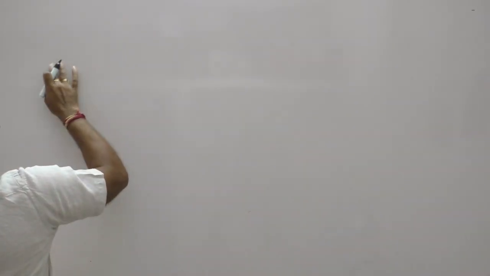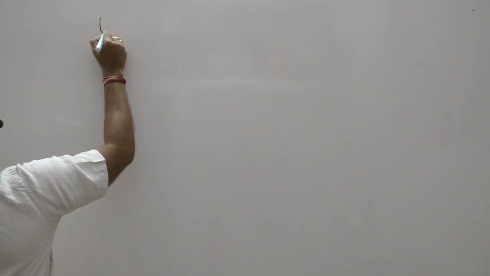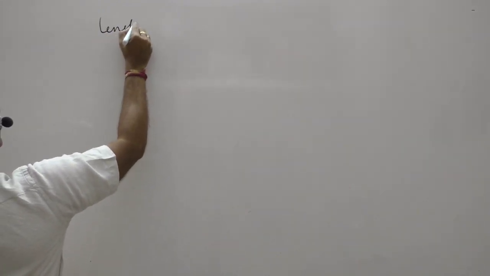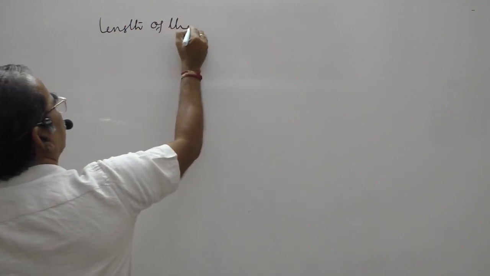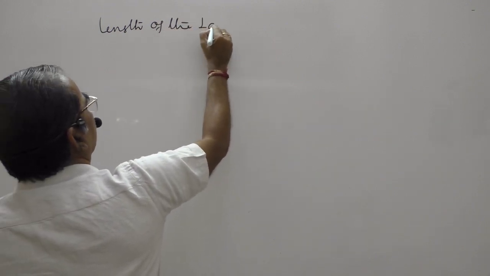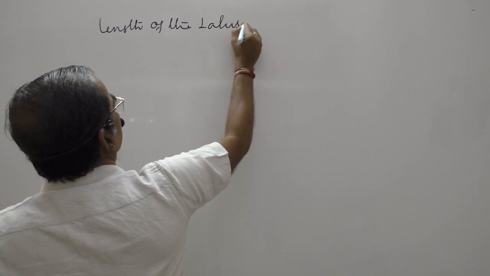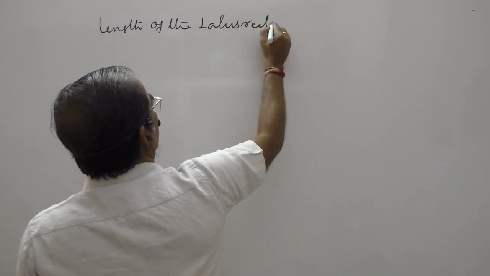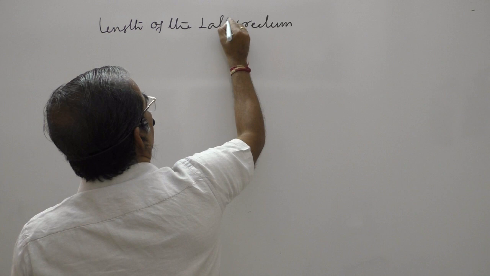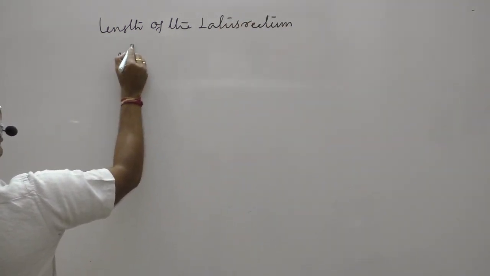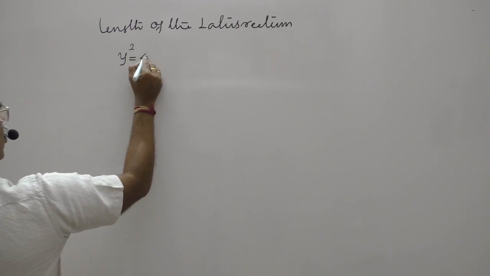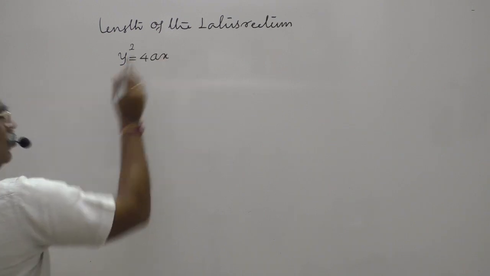Next we will find the length of the latus rectum of the parabola y square is equal to 4ax.